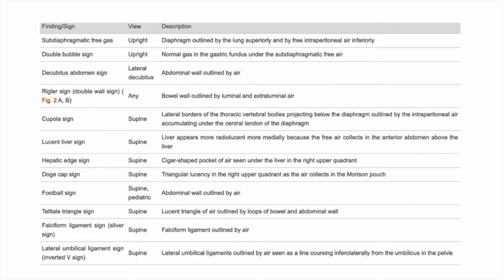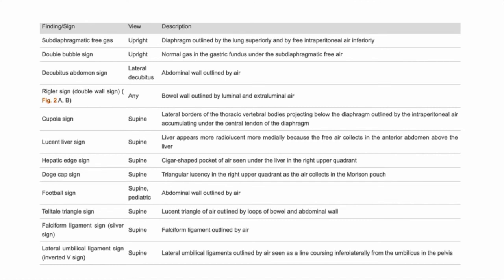You have to know these four very well. Then the rest you can look up. Even this, in the pediatric age, the football sign. So you have to look at it, because this is for all ages. Remember that it's for all ages.